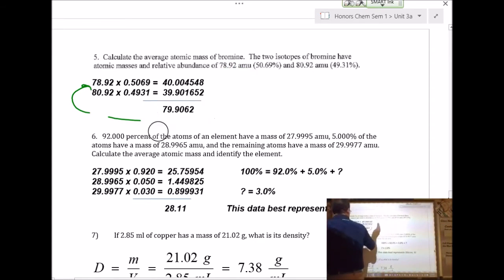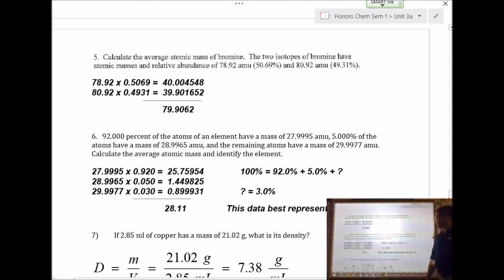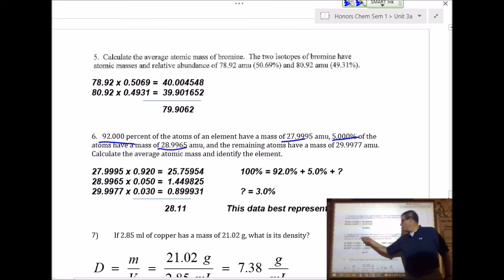And then looking at number 6, 6 was fun because it gave you a percent for this one, gave you another percent for this one, but it did not give you a percent for the last one. And I had quite a few people come up and ask, what do we do?